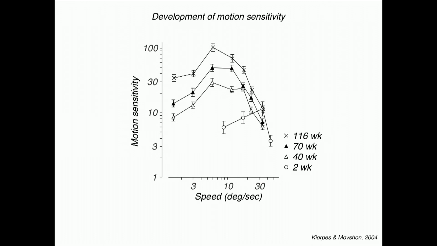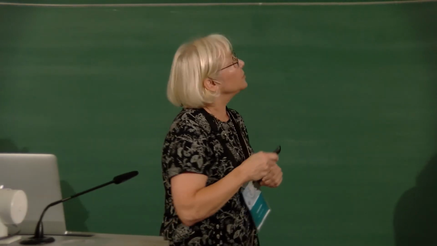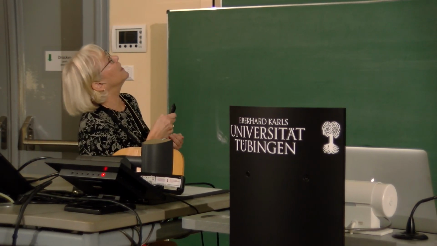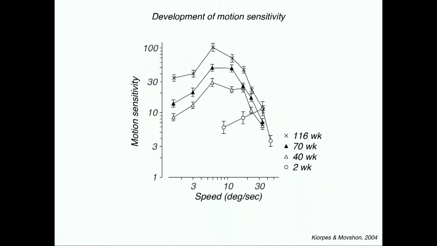And you might now notice that these ages are much older, at the older end, starting at age 2 weeks. And you can see that there is a developmental profile to their ability to do this discrimination task as a function of coherence. These are coherence sensitivities as a function of speed of that display.